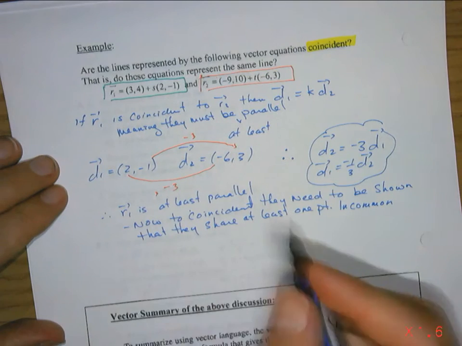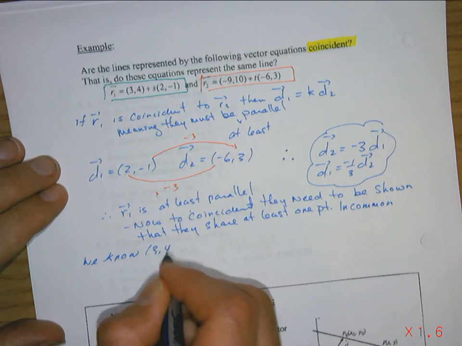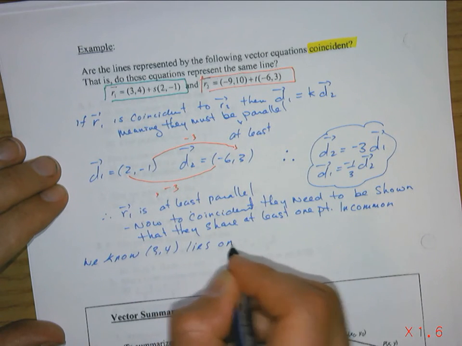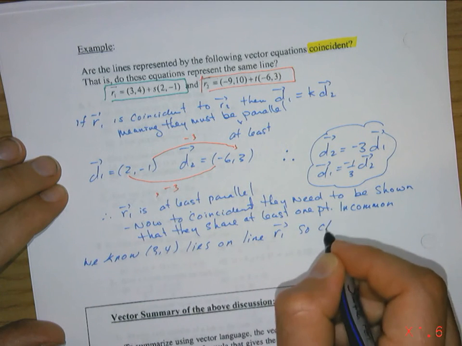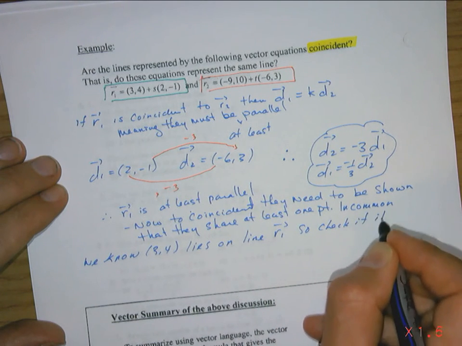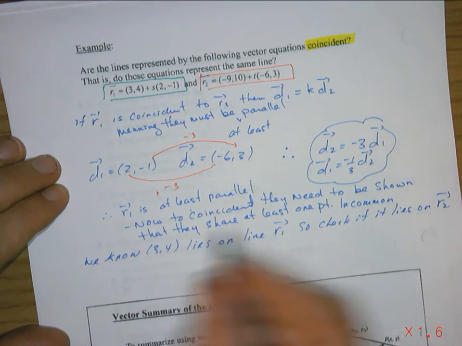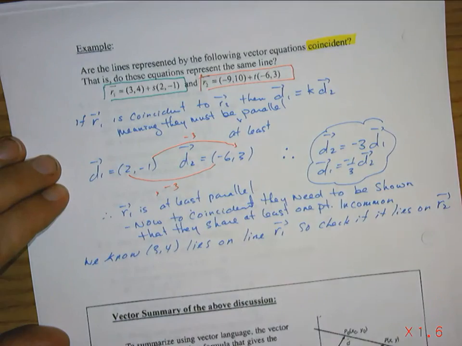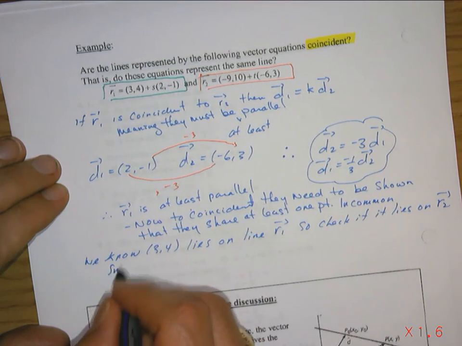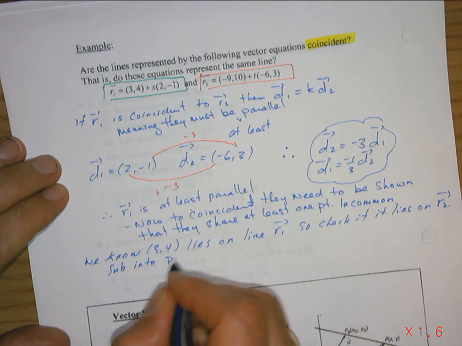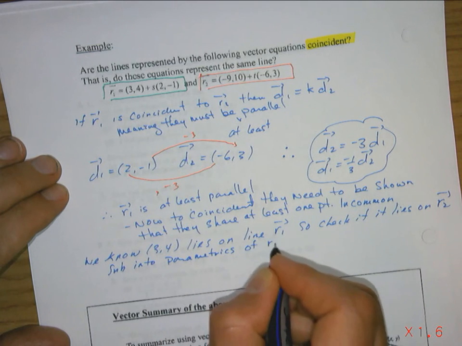So we know (3, 4) lies on line R1. So check if it lies on R2. So taking (3, 4), I'm going to put it into the parametrics of R2. So sub into parametrics of R2.